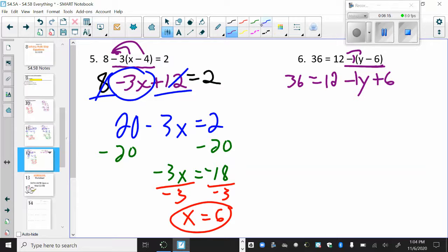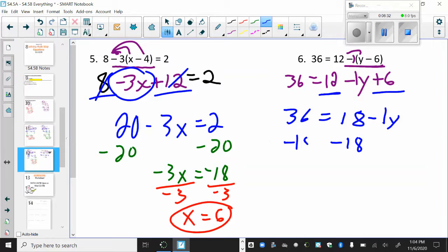My like terms here are 12 and plus 6 to get 18, and my minus 1y. 36 comes down. Then I'm going to undo my 18, so minus 18 and minus 18. That gives me 18 equals negative 1y. And lastly, I'm going to divide by negative 1 on both sides to get negative 18 equals y.